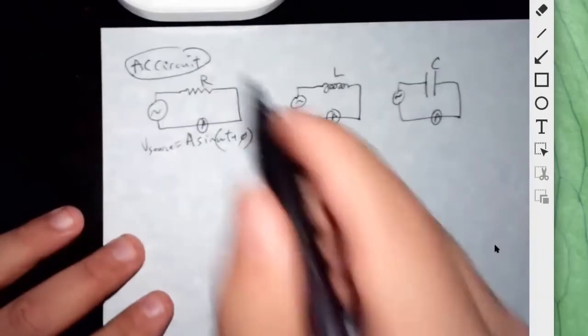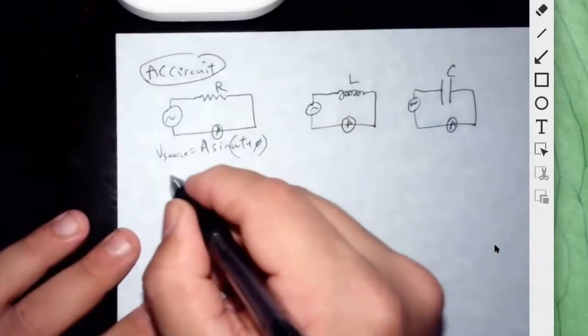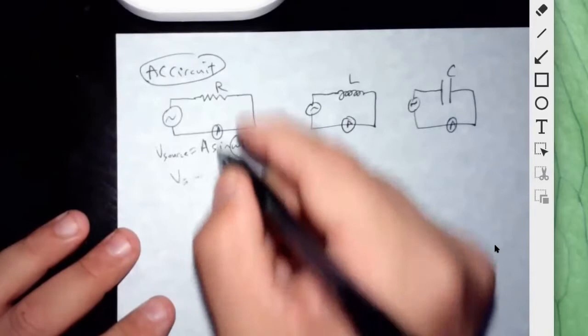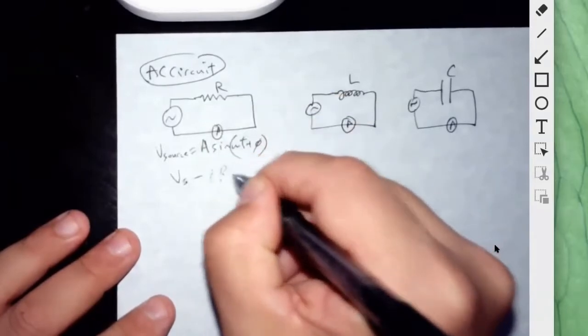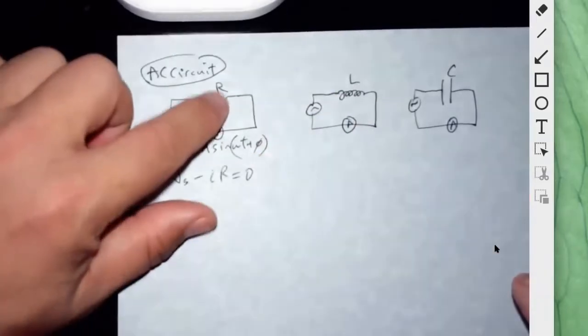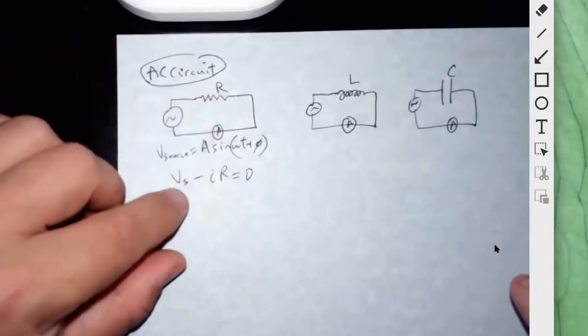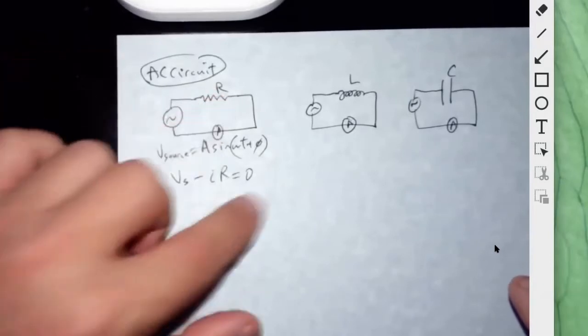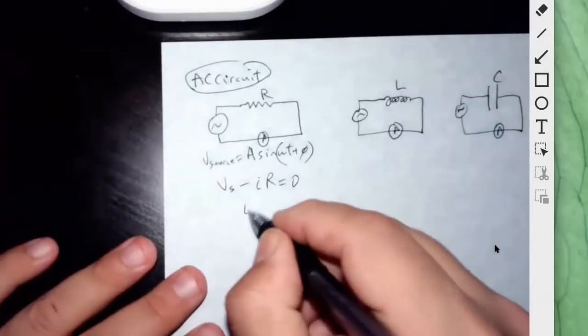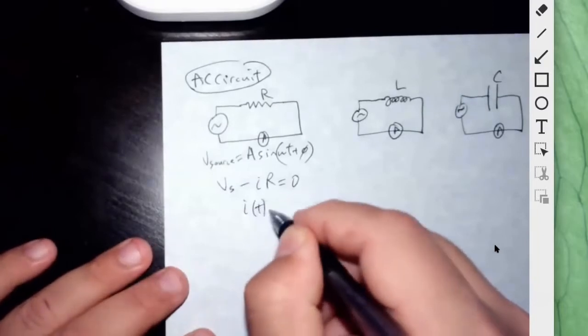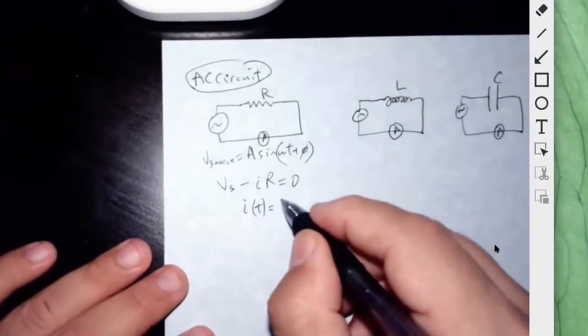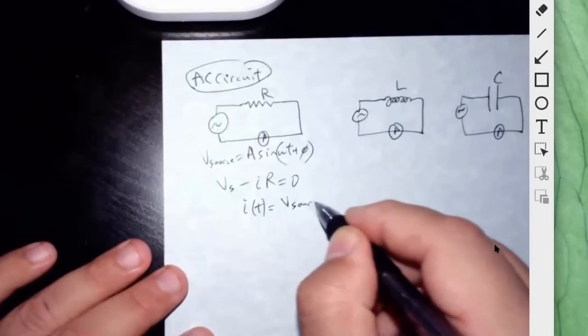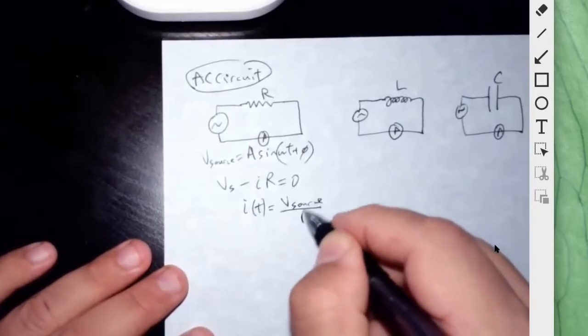So with the resistor, the circuit is going to be like this. Voltage of source minus IR is equal to 0. So if you only have a resistor, you just have the voltage of the source and the minus IR is equal to 0. Therefore the current in the circuit is simply going to equal the voltage of the source over the resistance.